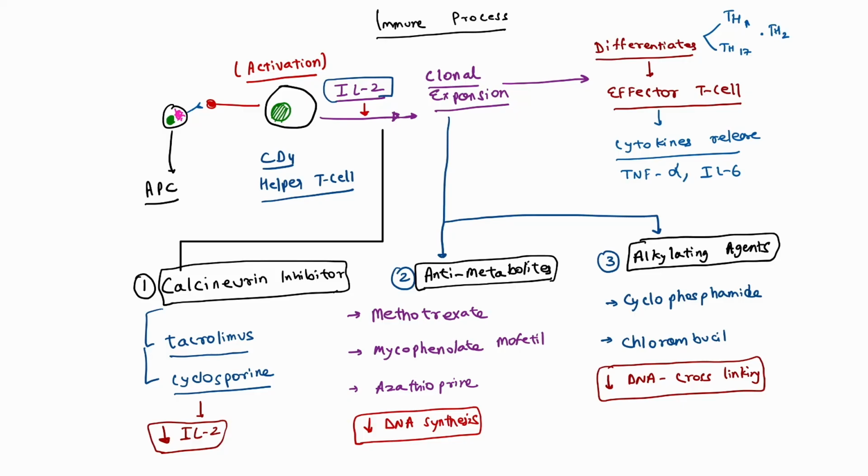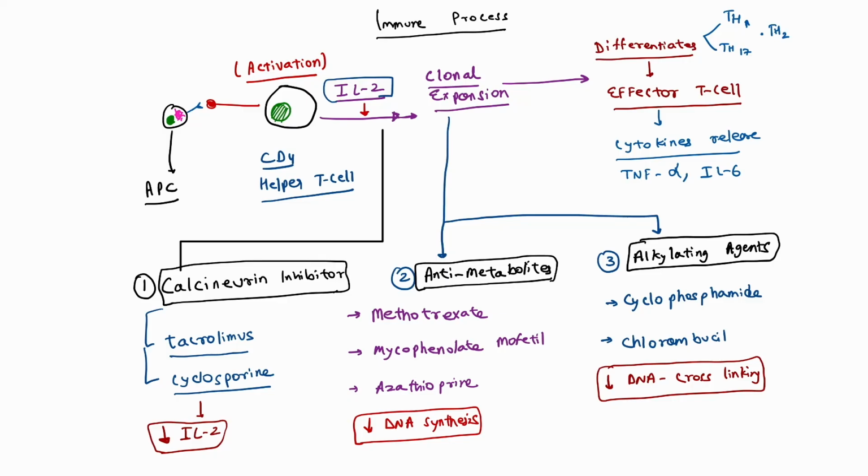Now the third class blocks and damages the DNA formed in these cells. They act by cross-linking of this DNA, so permanently they damage the DNA of these multiplying cells. Examples are cyclophosphamide and chlorambucil.